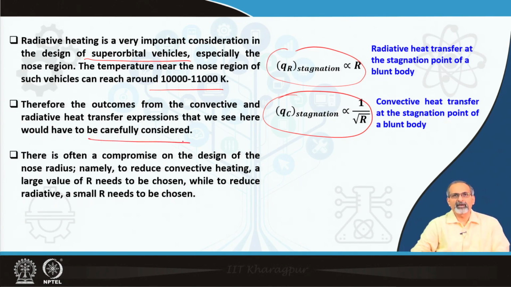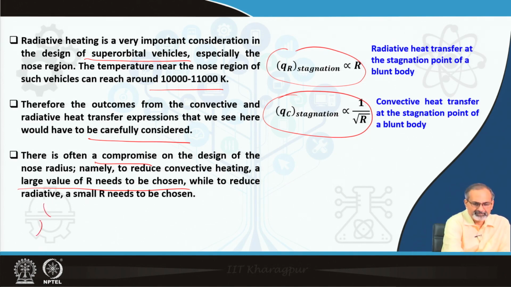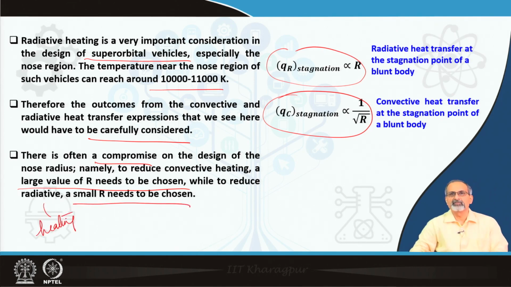And there is often a compromise on the design of the nose radius, namely to reduce convective heating, a large value of R needs to be chosen, making it more blunt, while to reduce radiative heating, a small R needs to be chosen, which means the nose becomes sharper.